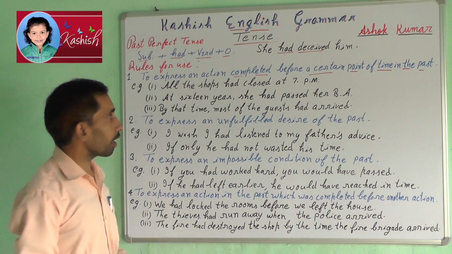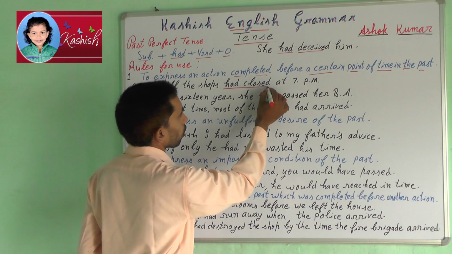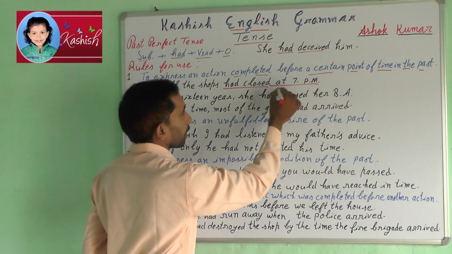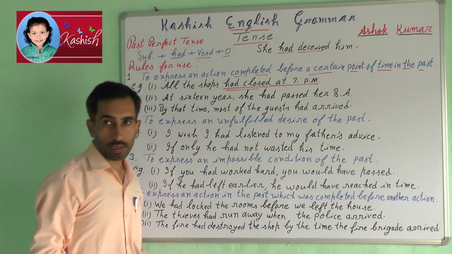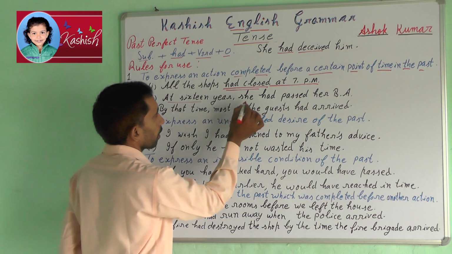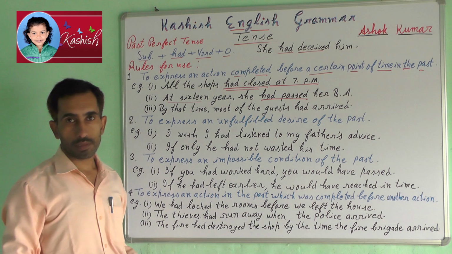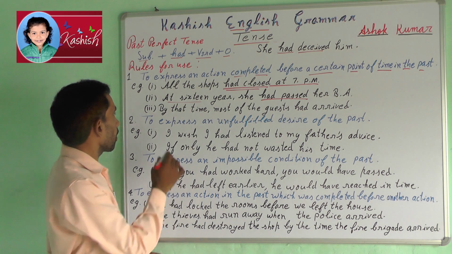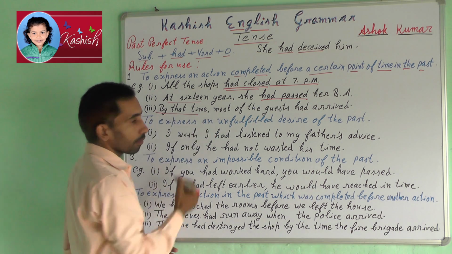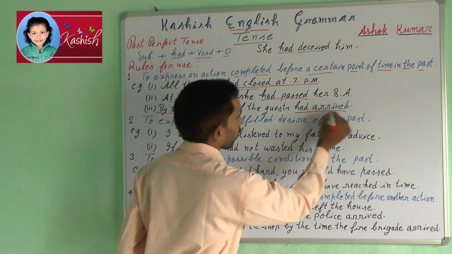For example, all the shops had closed at 7 p.m. Next, at 16 years, she had passed her BA. Next, by that time, most of the guests had arrived.